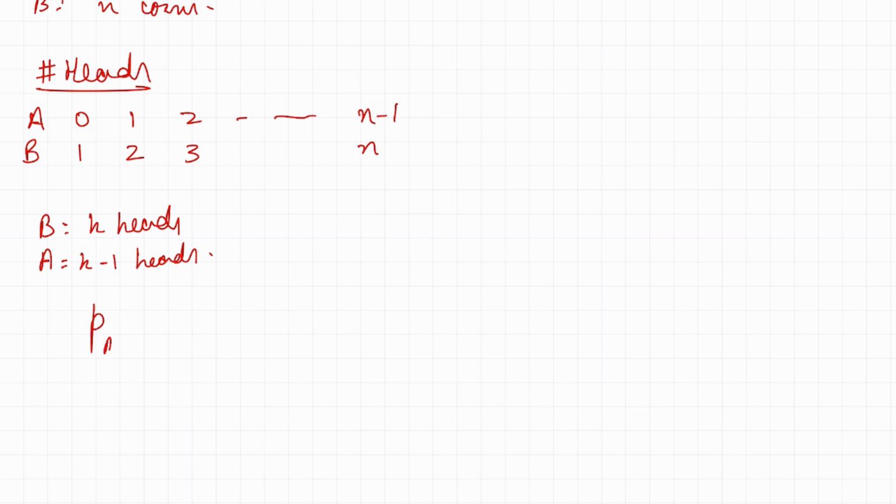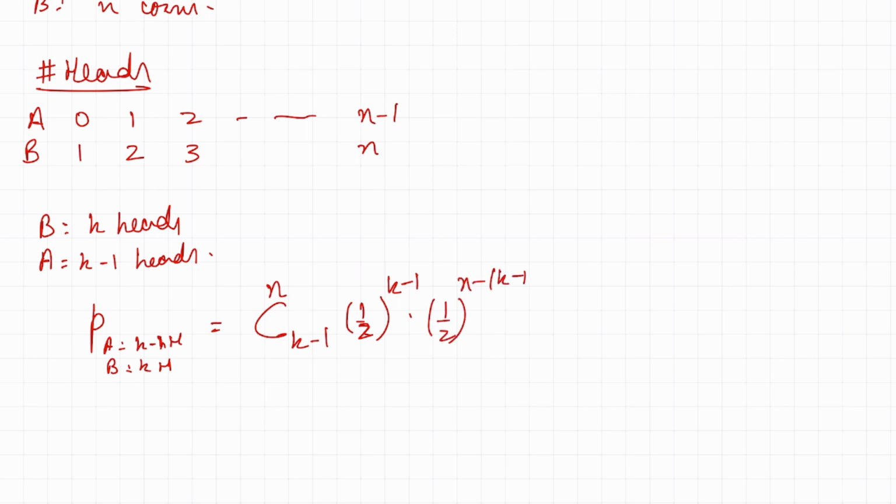So the probability that A gets k minus 1 heads and B gets k heads is, let's do it first for the first person. You have n coins, you draw k minus 1. We want k minus 1 heads, so half to the power k minus 1, and then the remaining we want to be tails. Then for the second person, n choose k, k heads, which is B, and n minus k tails.